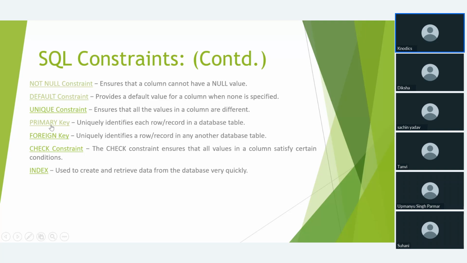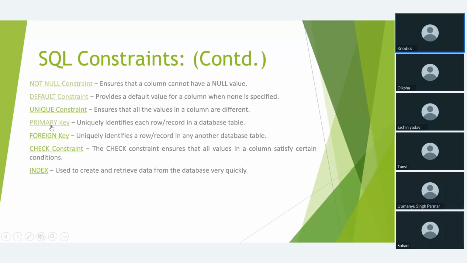Another example: if there is an amount, or you can say fees received, the fees received cannot be in characters. No one can say that XYZ fees has been received. It should be a certain amount, right? That is also a check constraint.